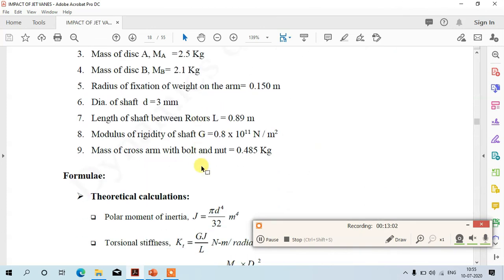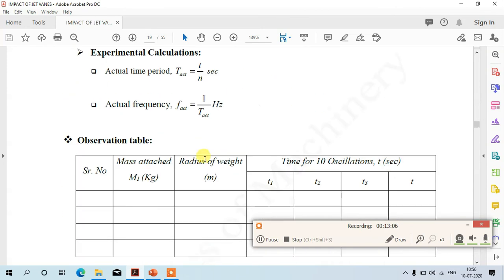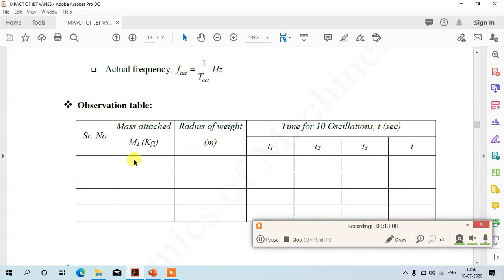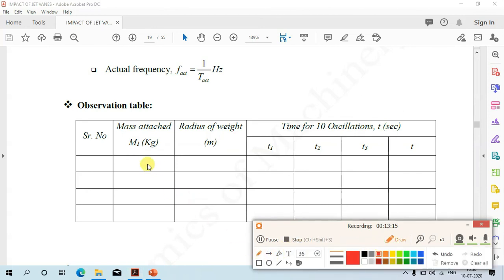So if you are attaching 100 gram of mass, the reading you have to write is 0.1 kg plus 0.485 kg.